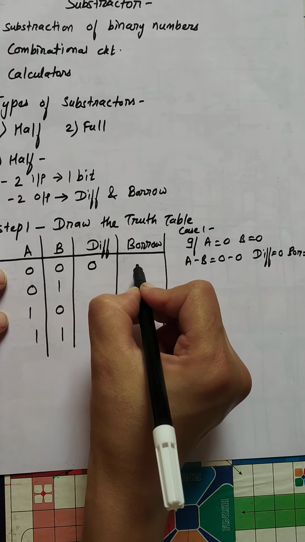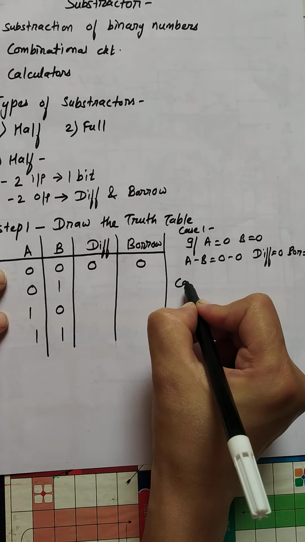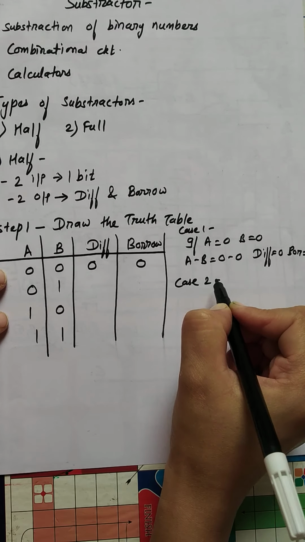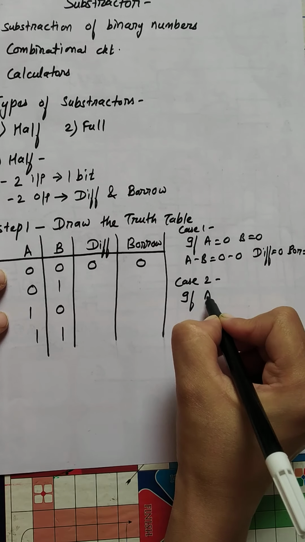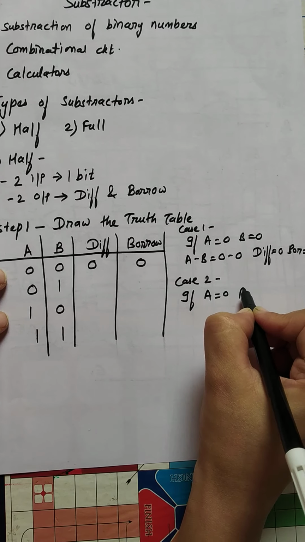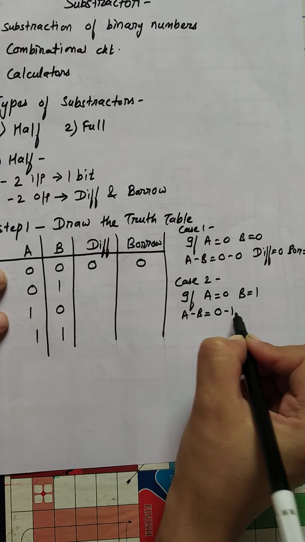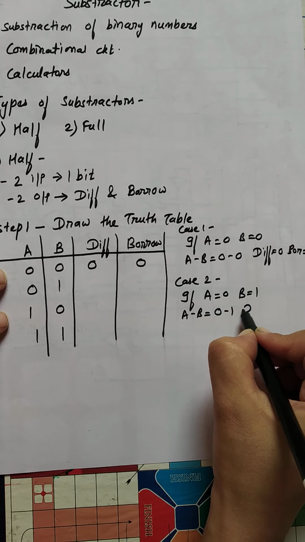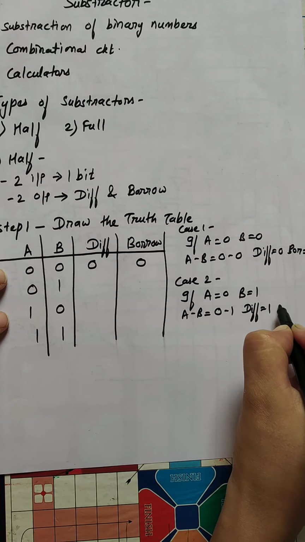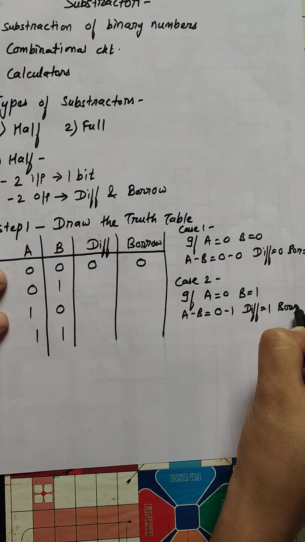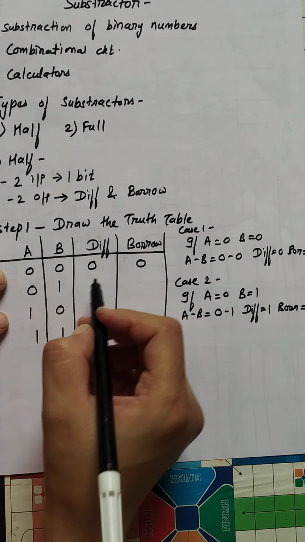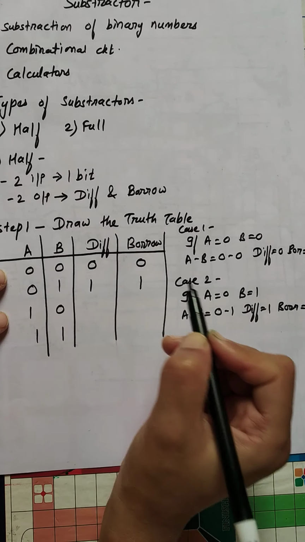Now case 2, if A equal to 0, B equal to 1, then A minus B will be 0 minus 1. In this case, difference will be 1 and borrow will be 1, right? So both difference and borrow will be 1 1.